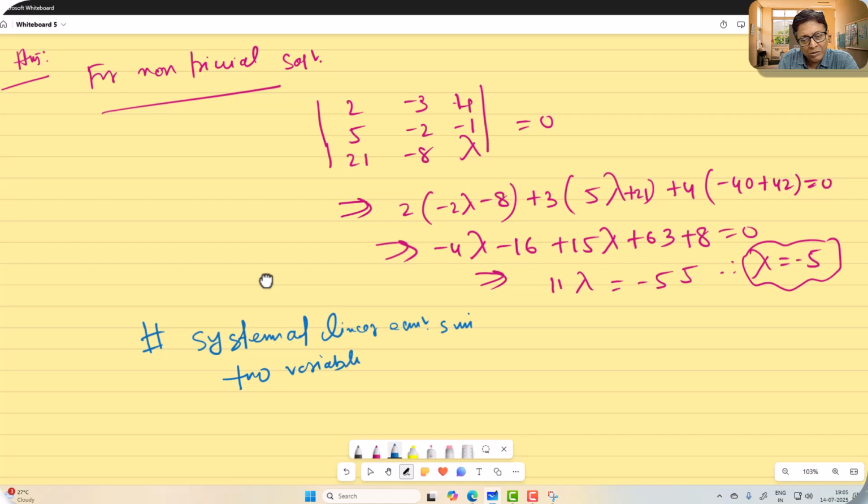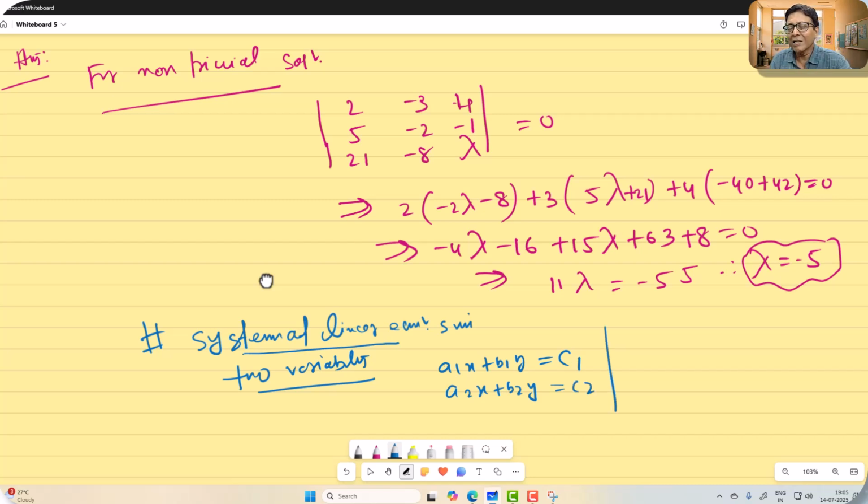What are those? That is a1x plus b1y equal to c1, a2x plus b2y equal to c2. Here only delta x and delta y will be there, delta also will be there. Delta is what? I just discussed it.